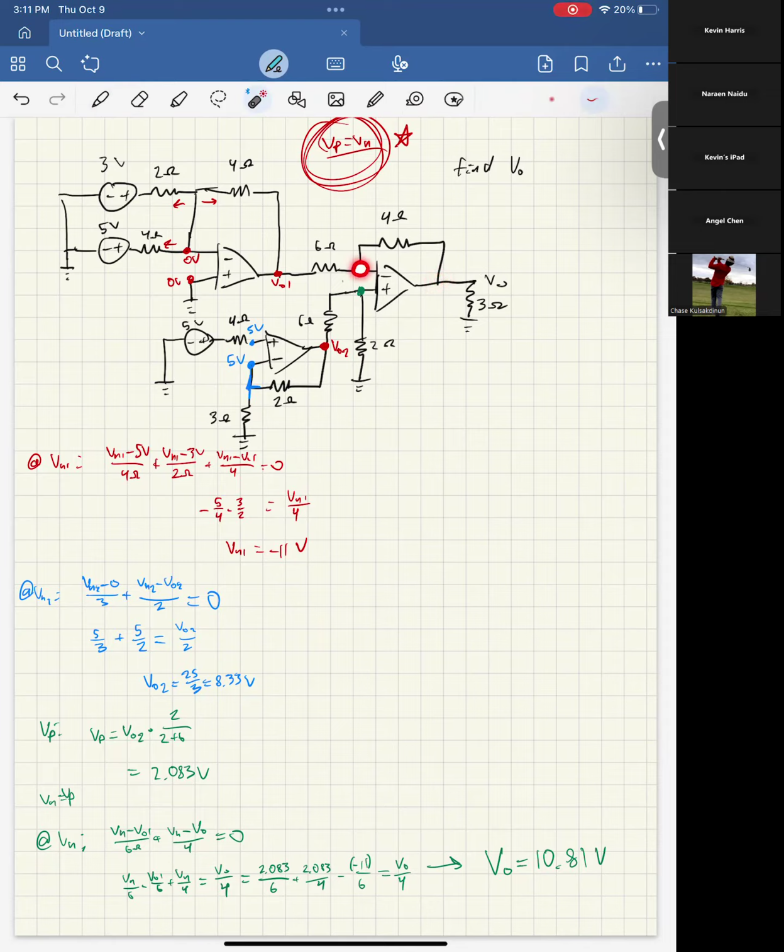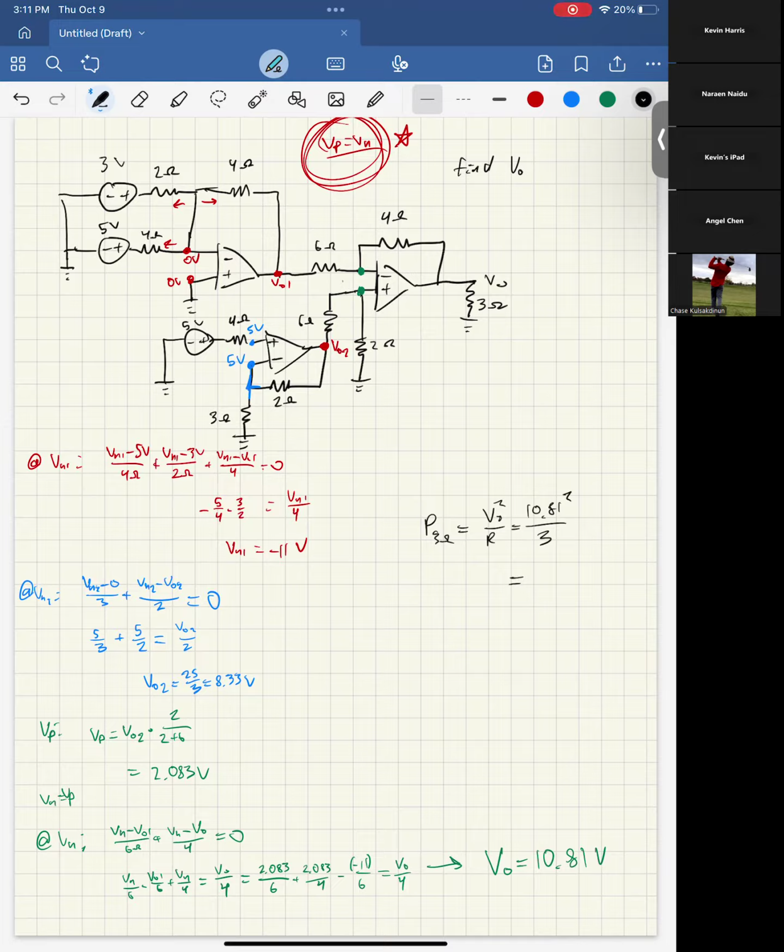You only do a node at Vn, relating it to just V out. So this resistor has no effect on the actual value of V out. So you would find V out and then say, okay, the power of the 3 ohm resistor is just V out squared over R, which would just be 10.81 squared over 3. And then that would be your final answer.